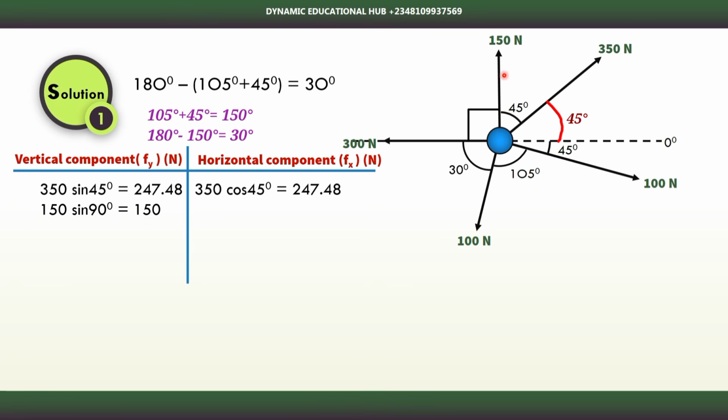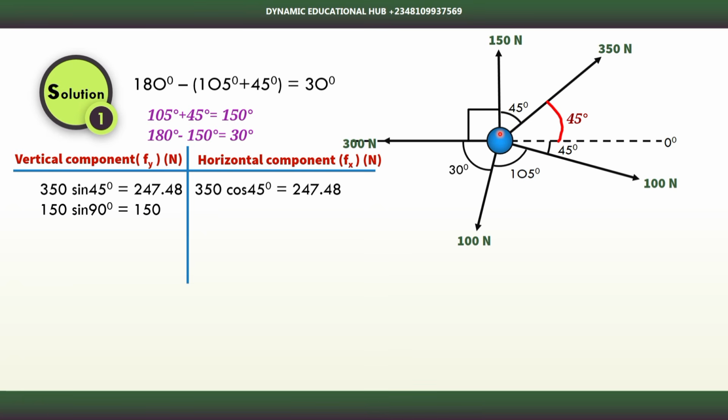The whole of the 150 Newton will be used to pull this object upward, which means the horizontal component will be 0. You can't compare it to this one. Just observe it: it is pulling this object vertically upward, so there will not be a horizontal component.